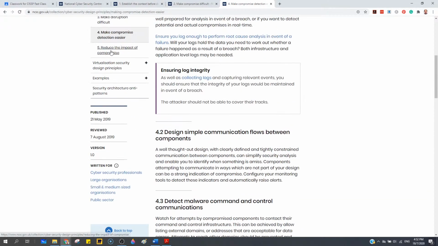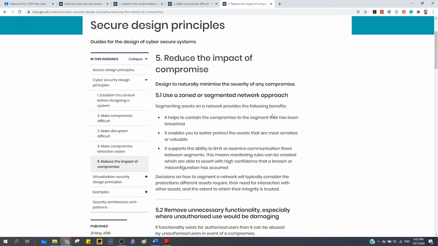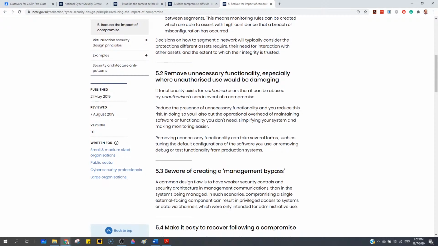If we go to the last one, that is reduce the impact. So when we are talking about reducing the impact, the first one is use a zone or segmented network approach, which is exactly the same as separation of privileges or least common mechanism. Then remove unnecessary functionality, especially where unauthorized use would be damaging, right?